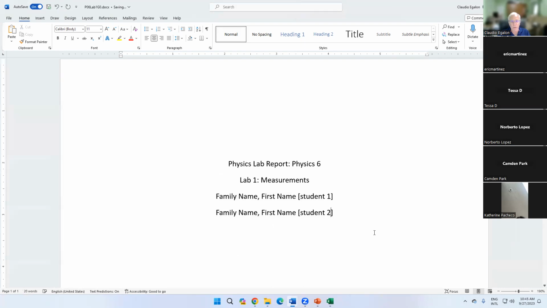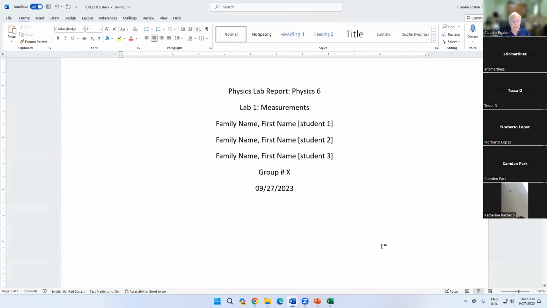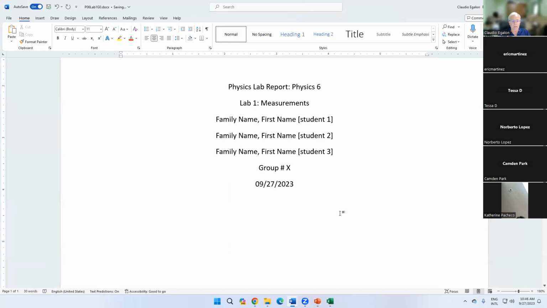That should be student 2. You should have at most 3 students per group. Student 3. Only those students who participated in the lab activity. And then you got a group number X, right? Date of performance, 09/27/2023. That's the first title page. That's the first page, which is the title page.